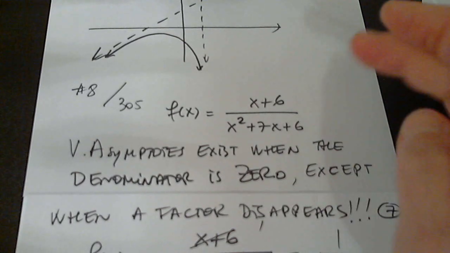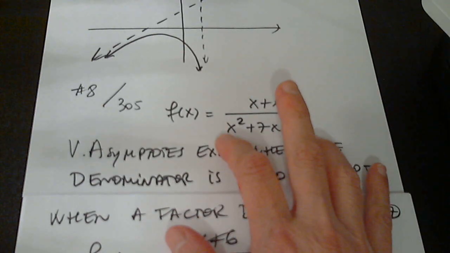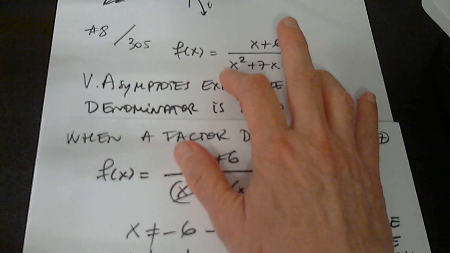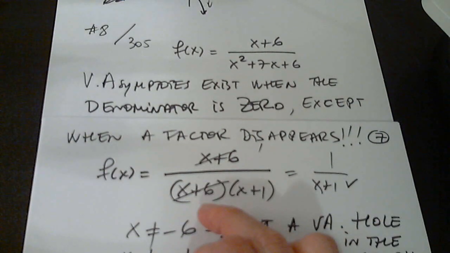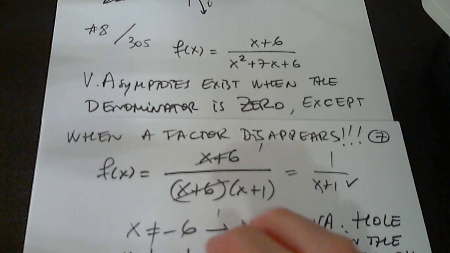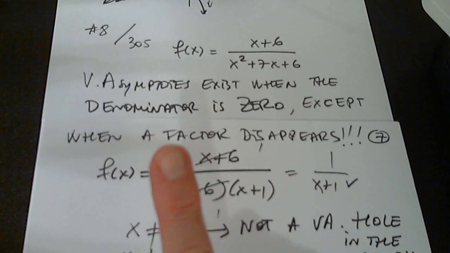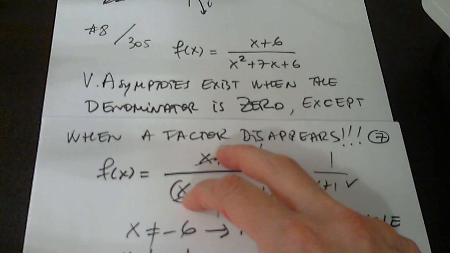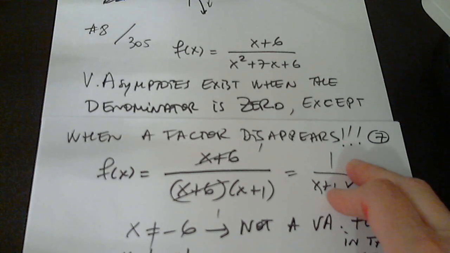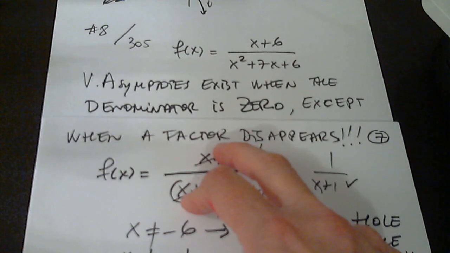So when I'm given a rational function, and if the denominator can be 0 for certain values, those values are in question. They can be vertical asymptotes, except in the situations in which, in the simplified form, a factor disappears, was simplified.